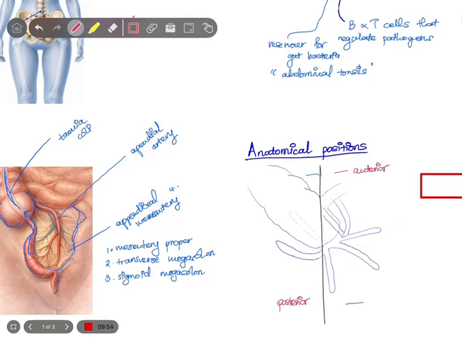Now we're going to have the first anatomical position, which is the retrocecal. We're going to have the paracecal, and then we are going to have the one directly beneath, subcecal. Sub means under.